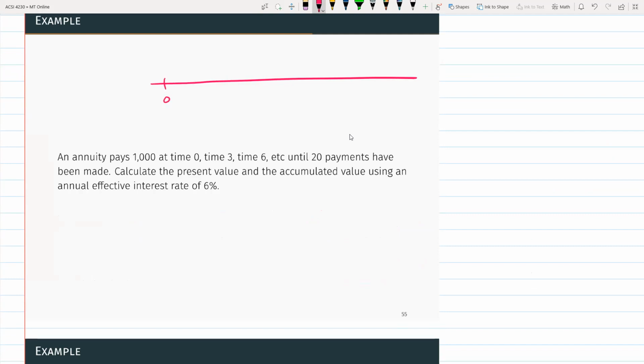So here is 0, 3, 6, until 20 payments. So 20 payments mean what? Every 3, that means 60.